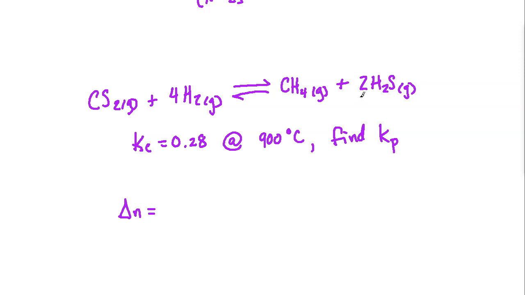In this case, I have a 2 in front of the H2S, and I have a 1 in front of the methane, so that's going to be 3. Then I would subtract that from the total number on the reactant side, which is 4 and an implied 1, so that's 5. So the difference here is going to be -2. That means I'm going to have RT raised to the -2.